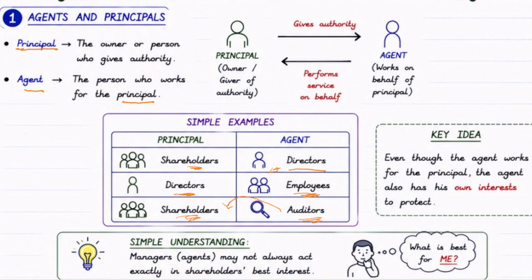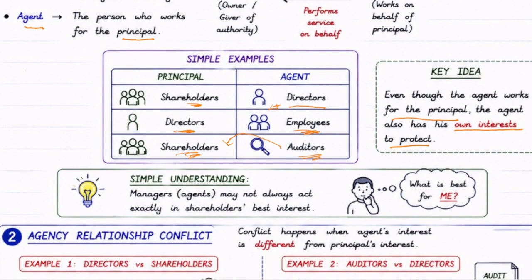Now, even though the agent works for the principal, the agent also has his own interest to protect. Okay, that's the key idea. Now, managers, that's agents, may not always act exactly in shareholders' best interest, because they will ask, what is best for me? Okay, so they also look into that, because they have their own interest to protect.